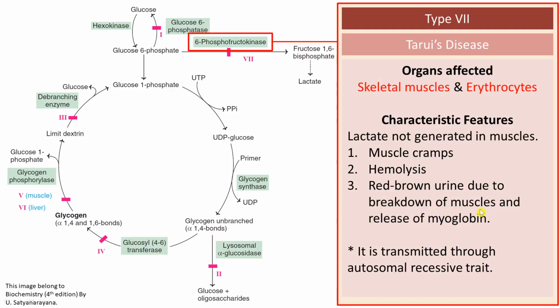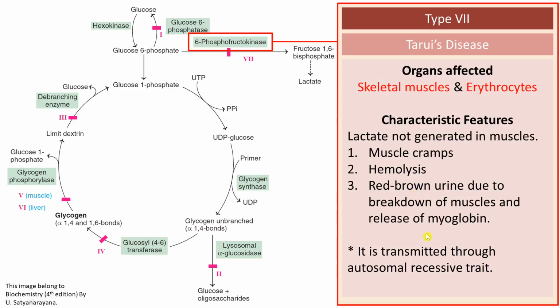If the muscles are not getting sufficient energy to perform strenuous exercises, then these muscles will undergo breakdown, which releases the myoglobin, and this myoglobin is reddish in color. That's the reason why the urine of the patient appears reddish brown.